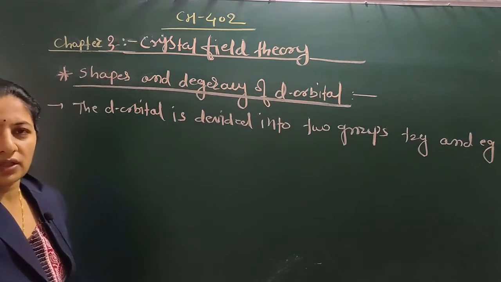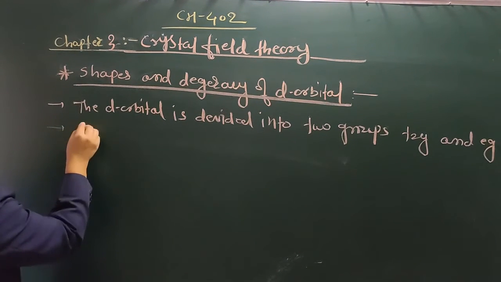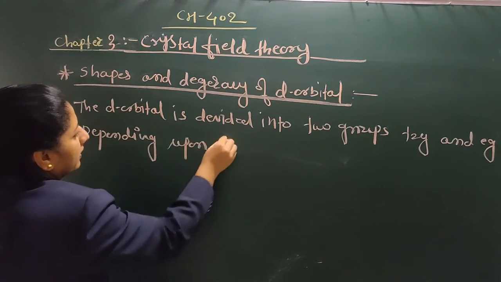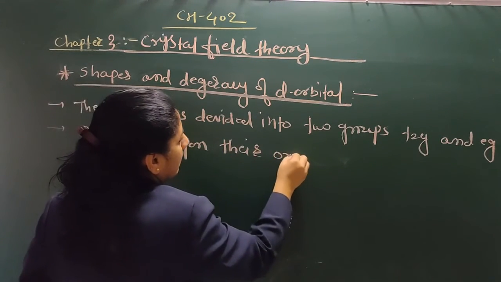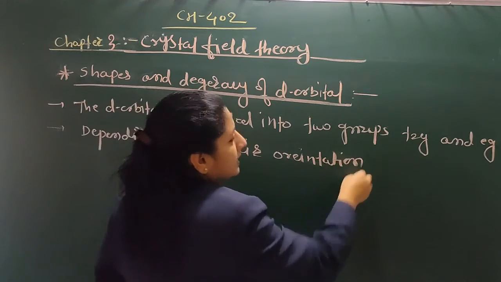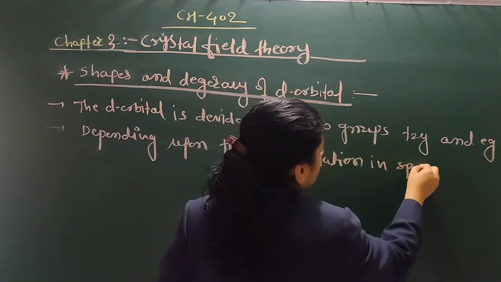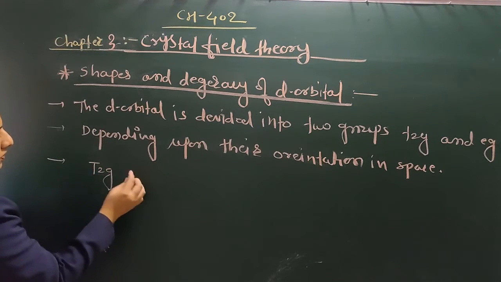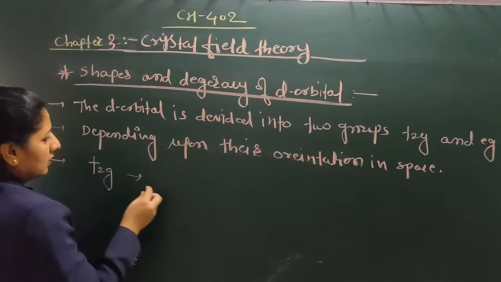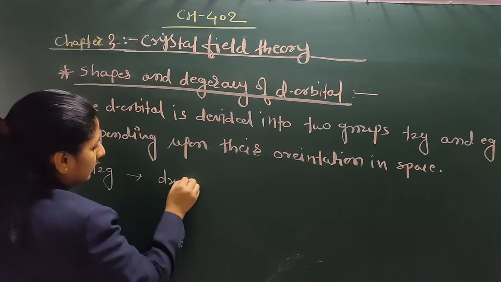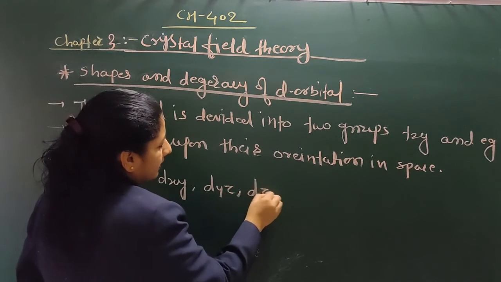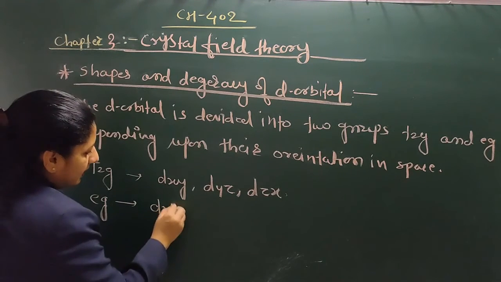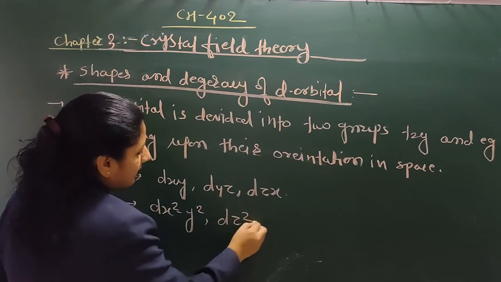The t2g group is divided into 3 orbitals depending upon their orientation in space, that is dxy, dyz, dzx, whereas the eg group has 2 orbitals, that is dx square minus y square and dz square.